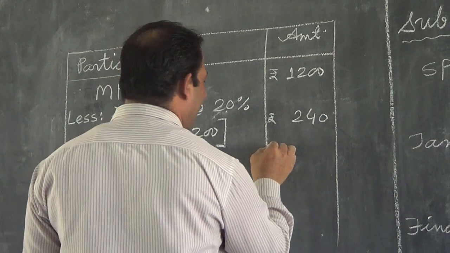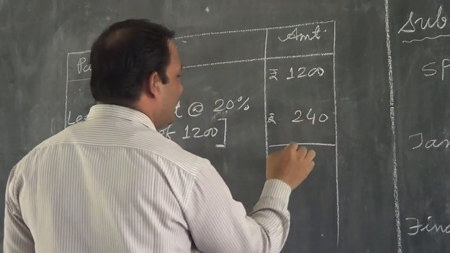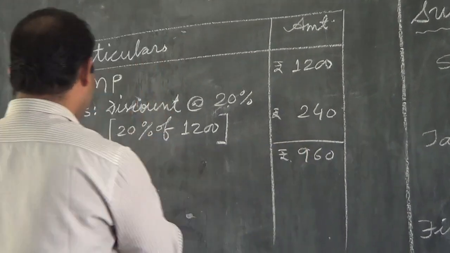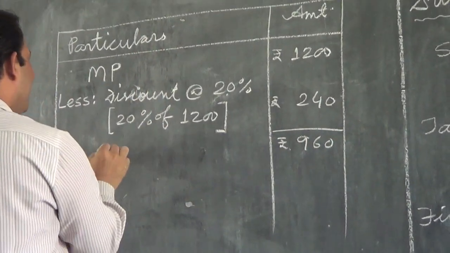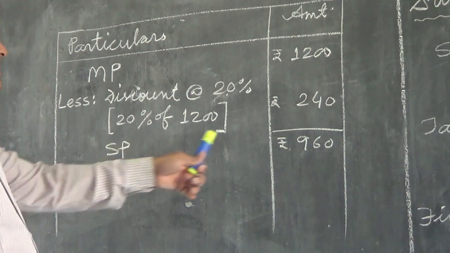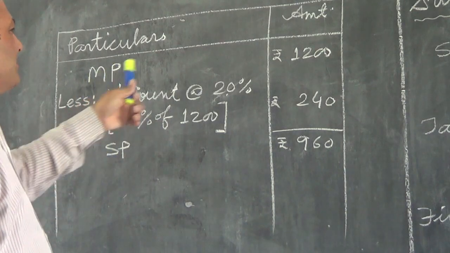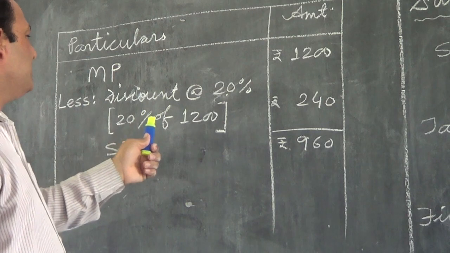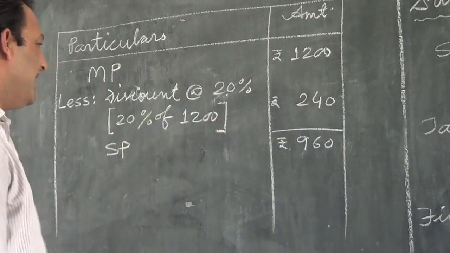And whatever came, 960 rupees, I will write this one is SP. Mark price is 1200 less discount at 20%. Discount when I subtracted I got SP.